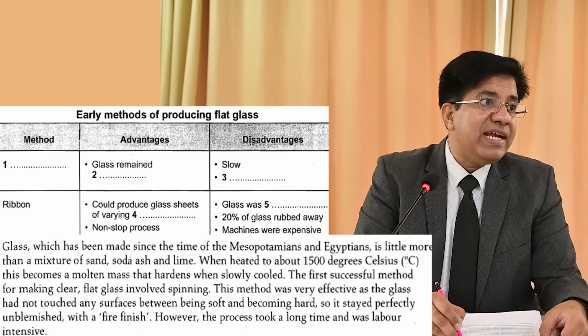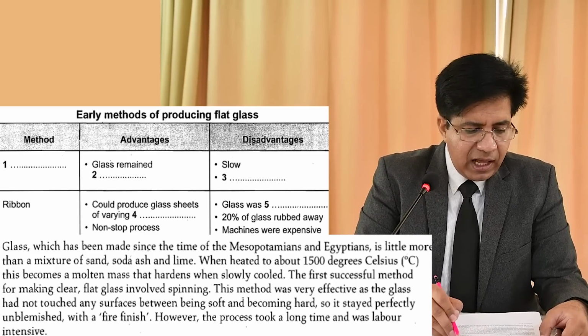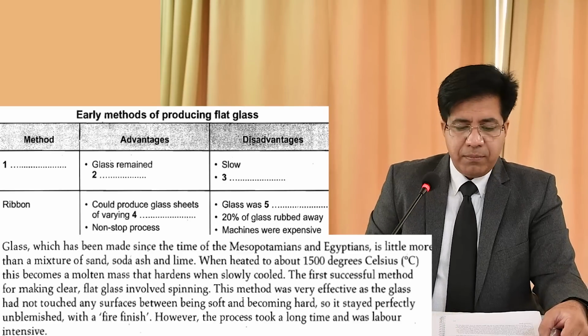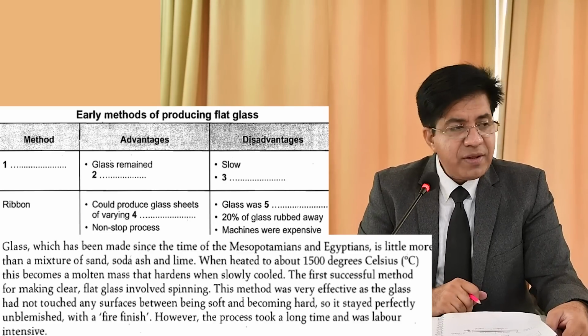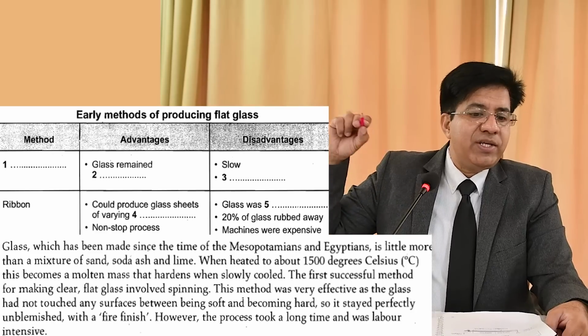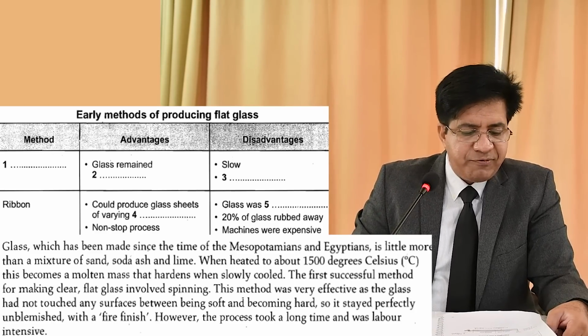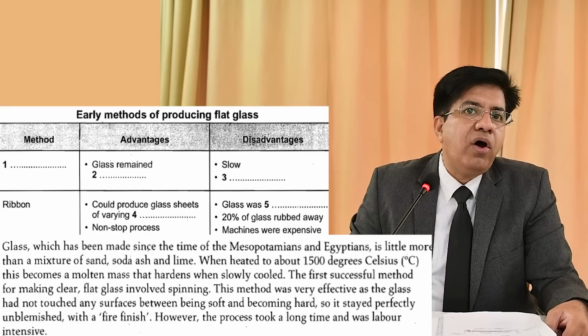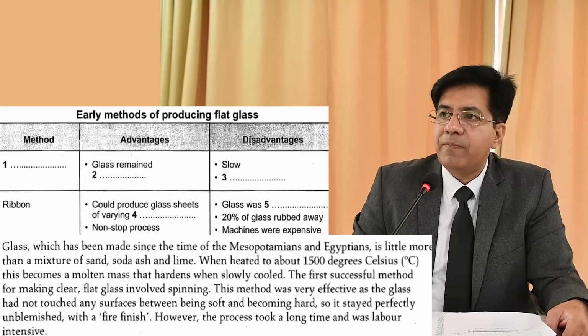So it stayed perfectly unblemished. Stayed means remained, so remained and stayed are both synonyms. Answer can be perfectly unblemished, or if you only write unblemished, that will be the right answer.